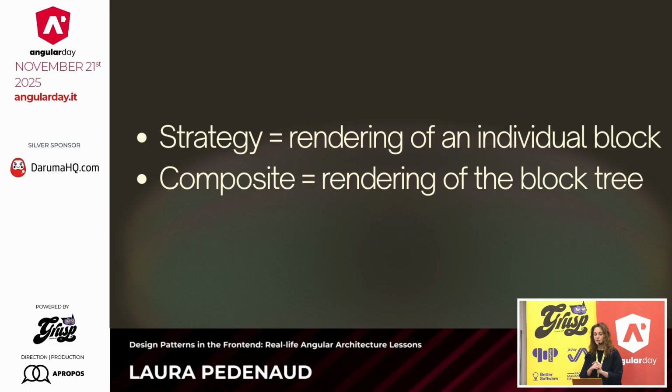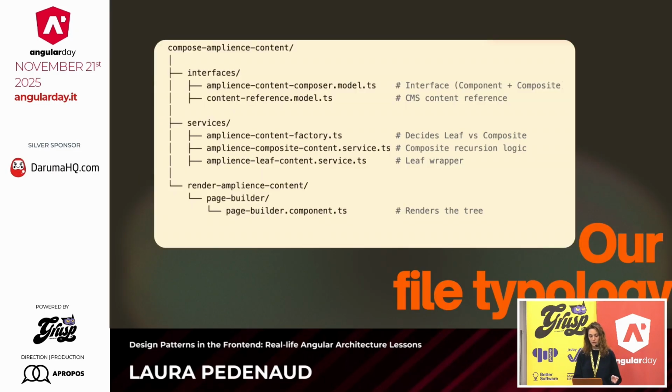So basically, the strategy was for rendering an individual block, and the composite is to render the block tree. This is a file typology for the composite pattern. So as I said, we have the interface, the CMS content reference to have the data from the CMS.